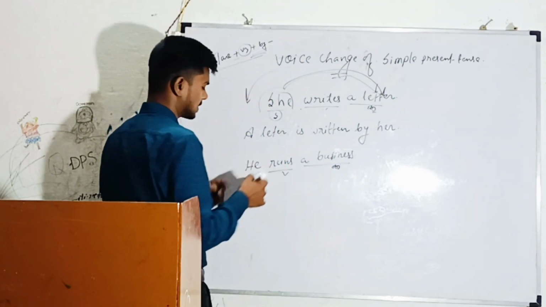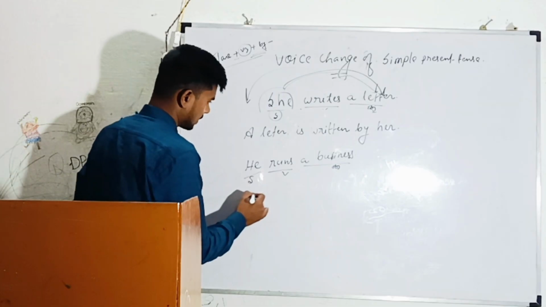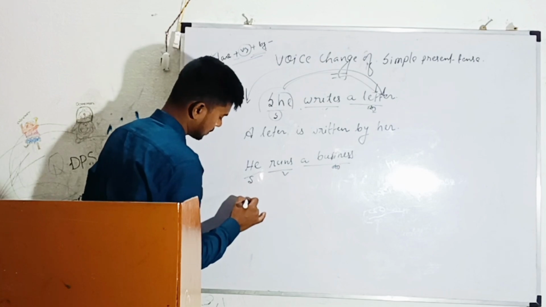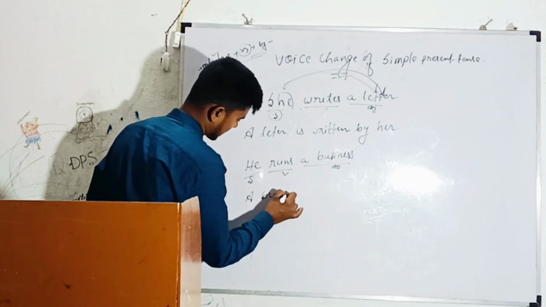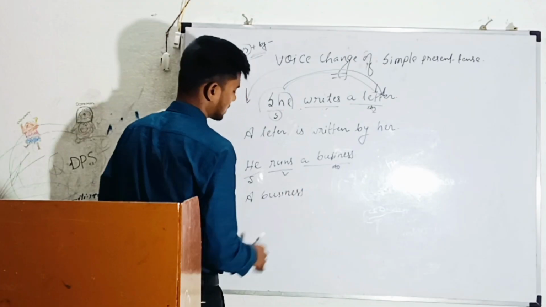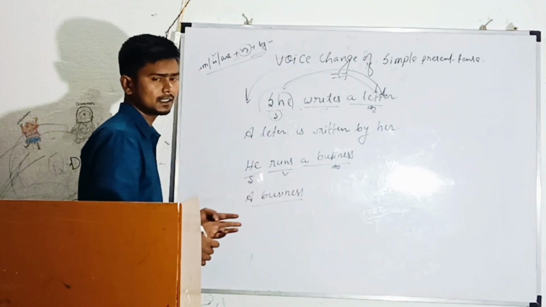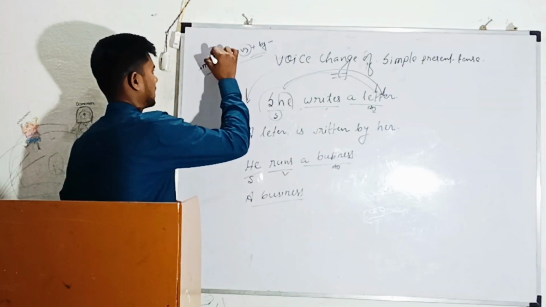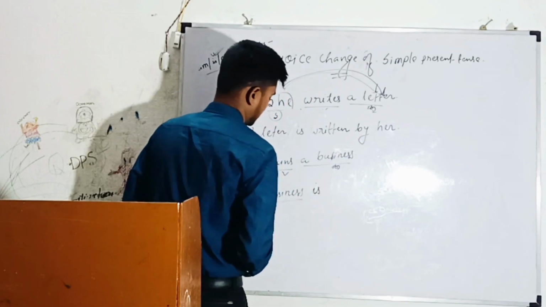Clear? Now let's change the subject and object accordingly. So the object, a business, will be used here. A business is now our subject, and it is third person singular, and that is why is will be used again. A business is.